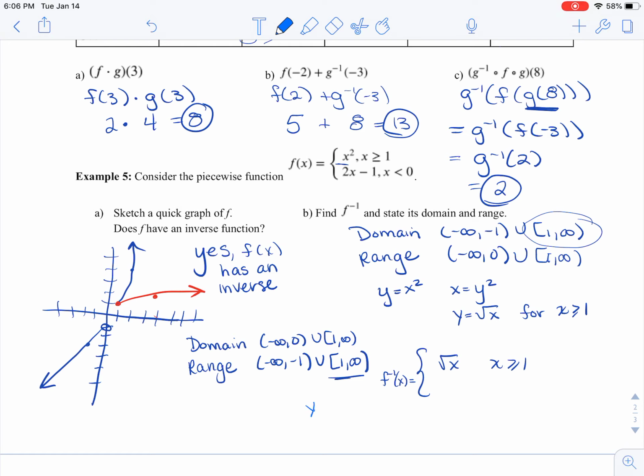So if we said that y equals 2x minus 1, and we swapped our x and our y, we would have x equals 2y minus 1. And solving for y, we would get (x plus 1) over 2 equals y.